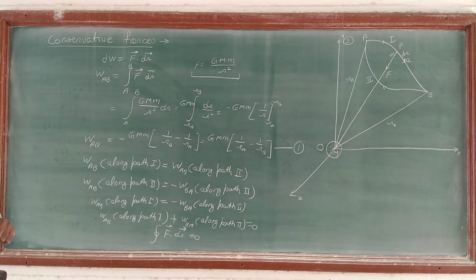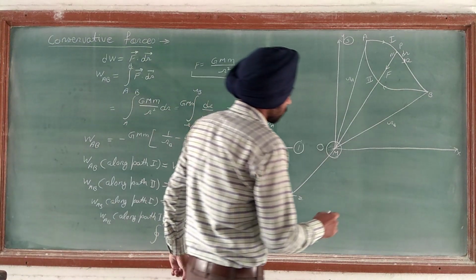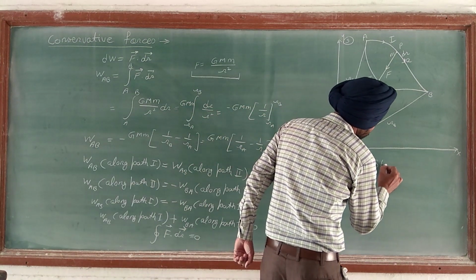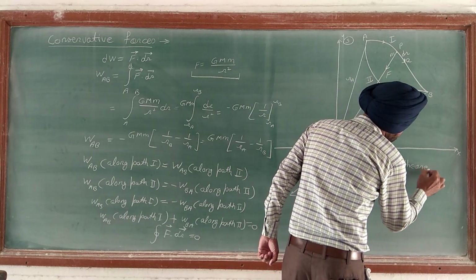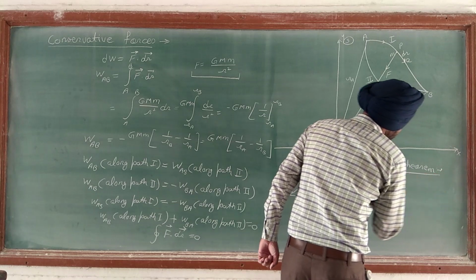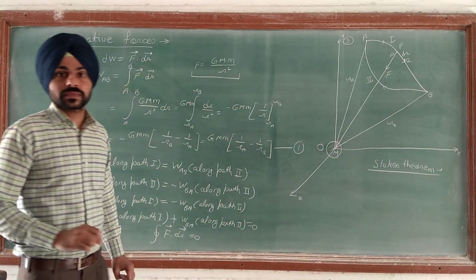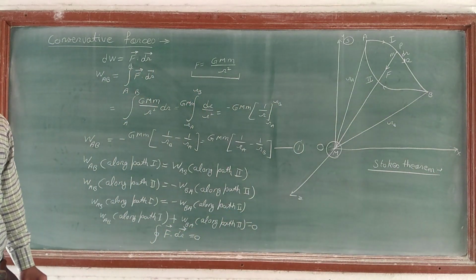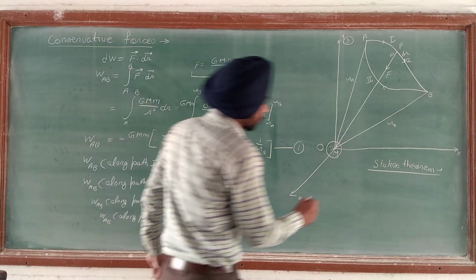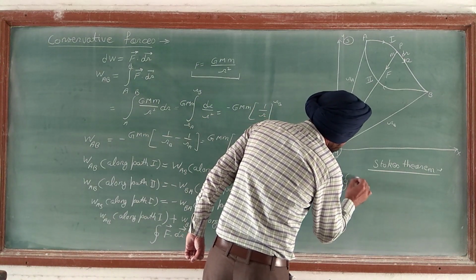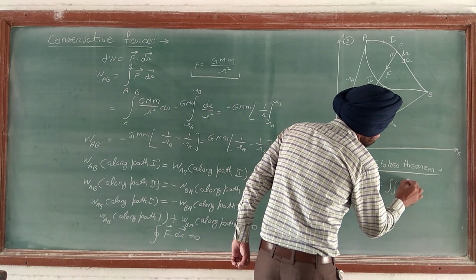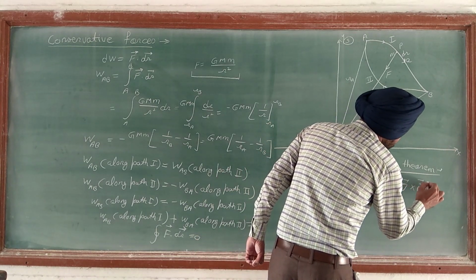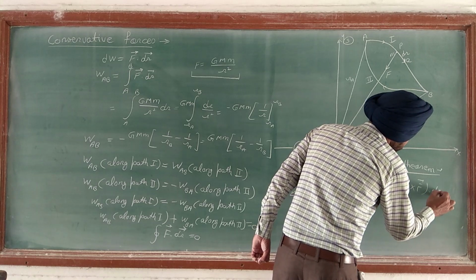Now, by Stokes theorem, you can go through the lecture on Stokes theorem in electricity and magnetism. We know by Stokes theorem, the closed integral of F dot dr is equal to the surface integral of del cross F dot dS.